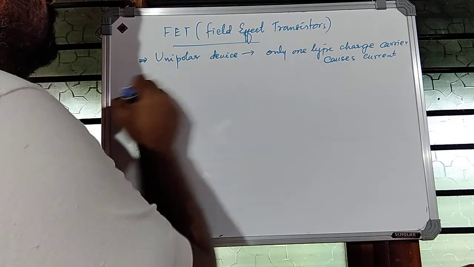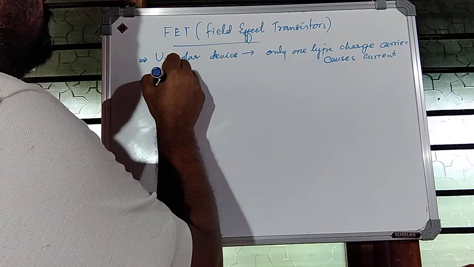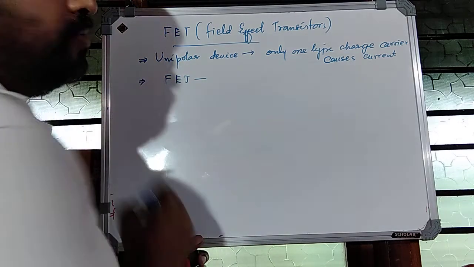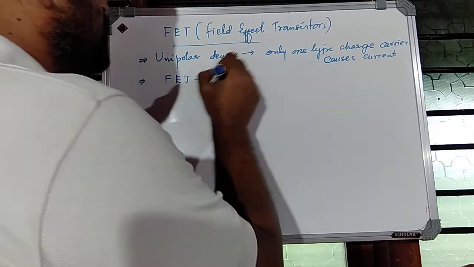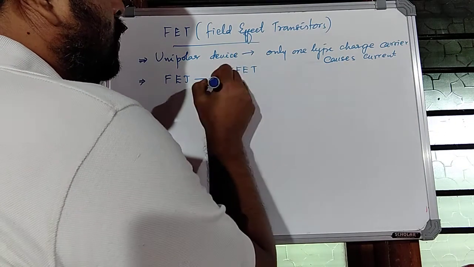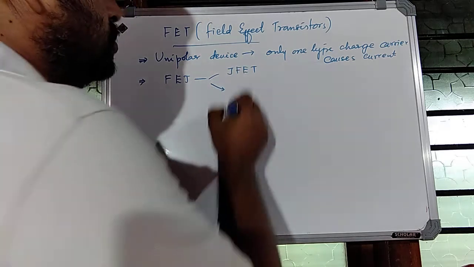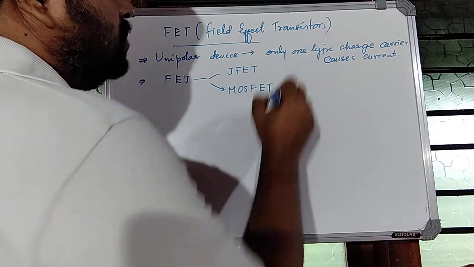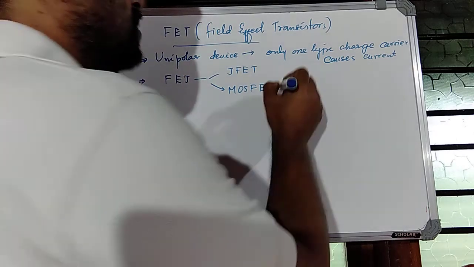There are two types of FET. One is junction field effect transistor, and the second category is MOSFET. MOSFETs are metal oxide semiconductor field effect transistors.